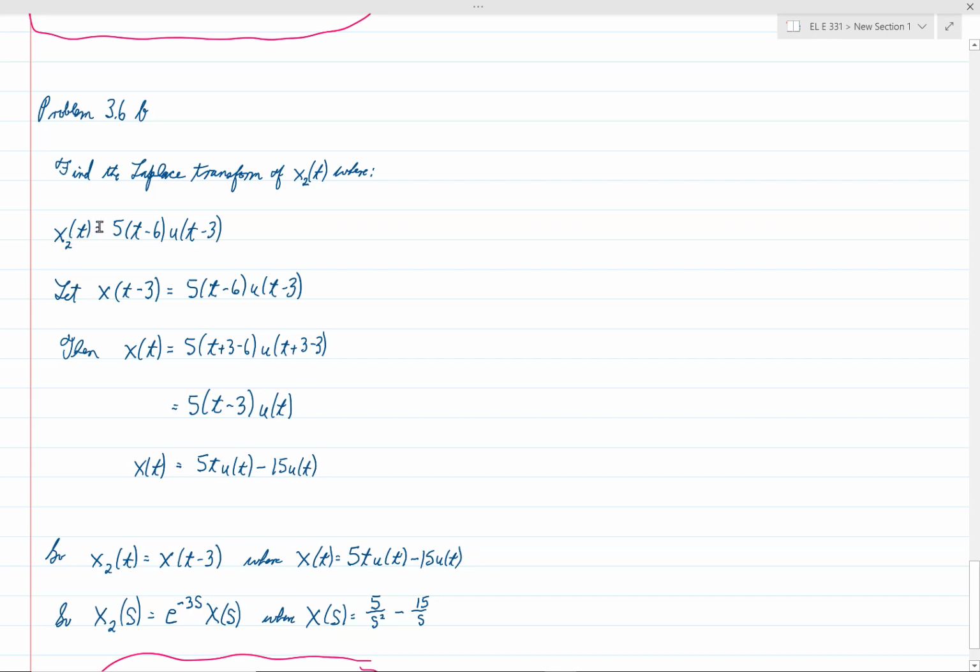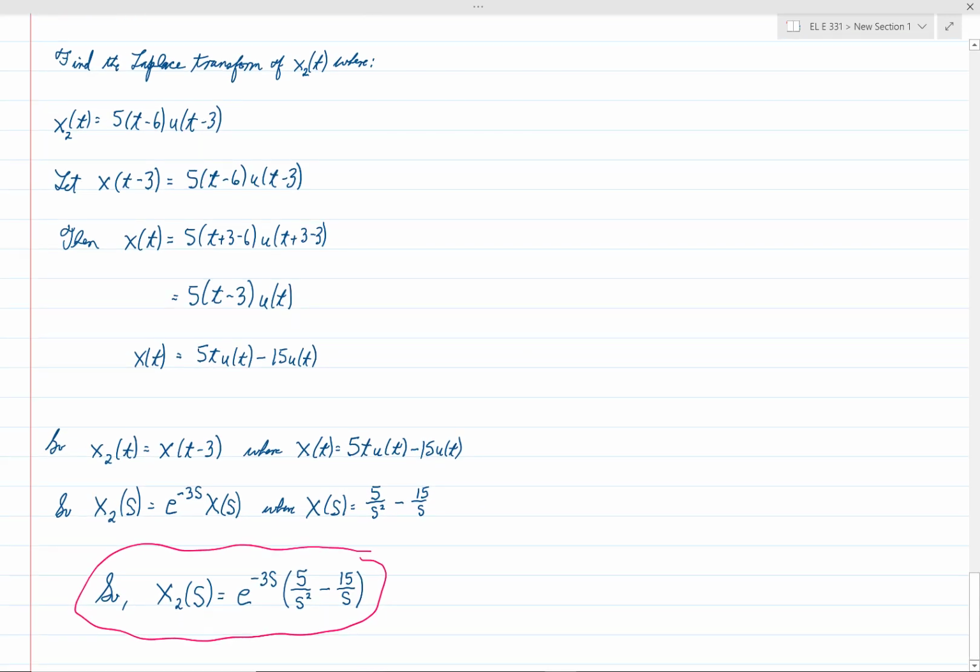And remember that x2 of t is equal to this, which is the same as x of t minus 3. So x2 of t is equal to x of t minus 3, where x of t, we have found out, is equal to 5t u of t minus 15 u of t. Well, this is great, because now we use the time shift formula to determine that X2 of s is equal to e to the minus 3s times X of s.